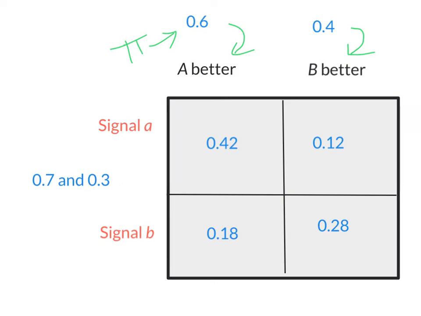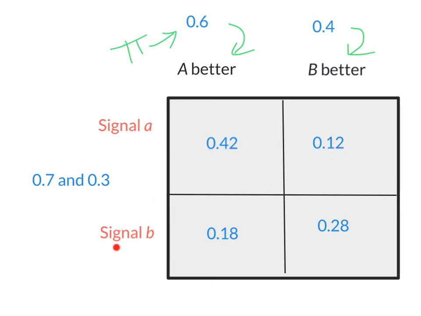We know that we've got a 0.42 probability of being here versus a 0.12 probability of being here. So Bayes' rule essentially says the probability that A is better, given you've seen signal A, given you're in this upper row, is going to be 0.42 divided by 0.42 plus 0.12. The division by 0.42 plus 0.12 is just weighting up these probabilities so they add up to 1, because we know we have seen signal A, so we know we're definitely in this row.